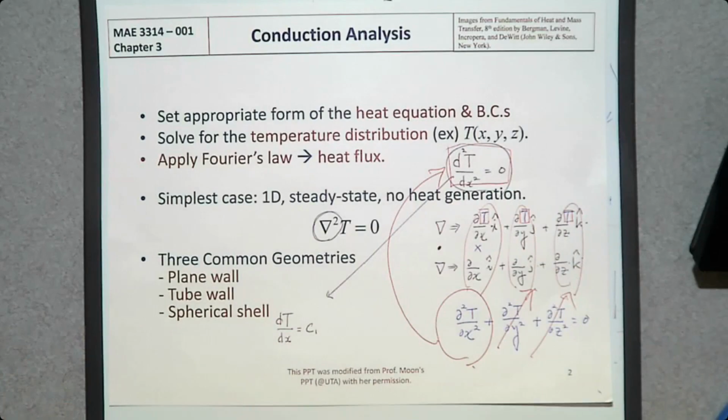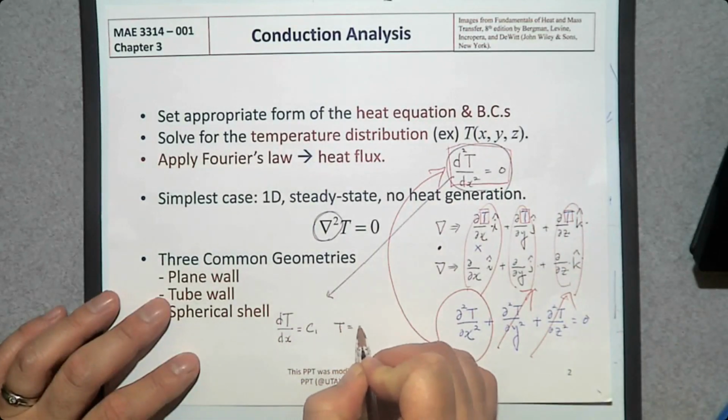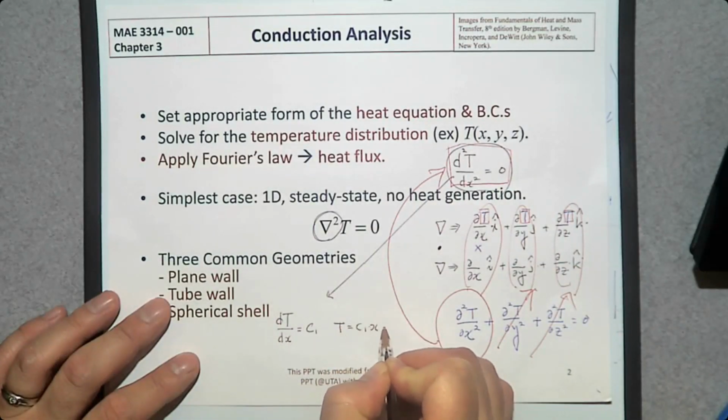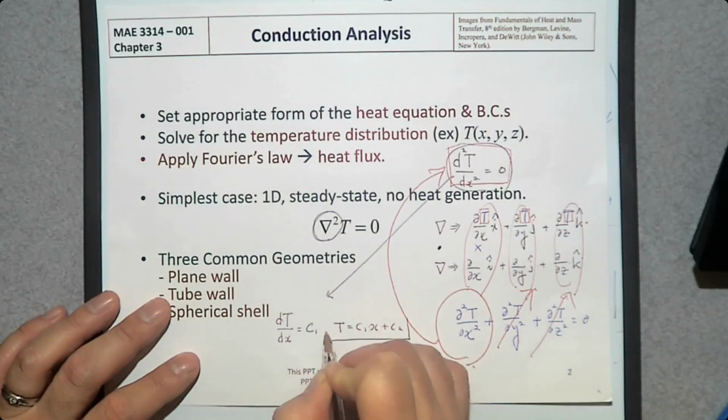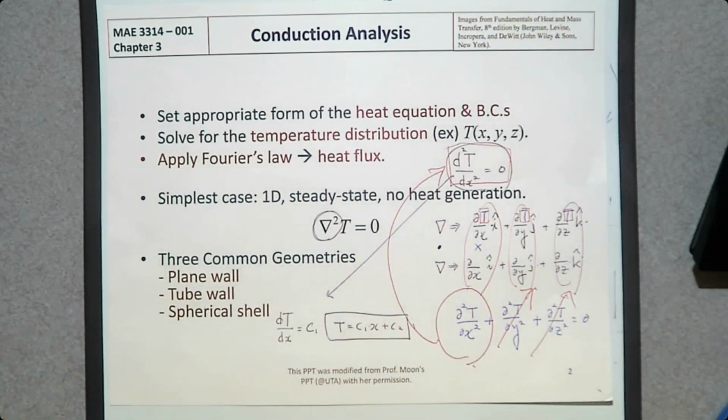Let's integrate one more time with respect to x. T is going to be C1 x plus C2. So that is the general solution. Very easy, isn't it? Temperature T is a constant C1 times x plus another constant C2.